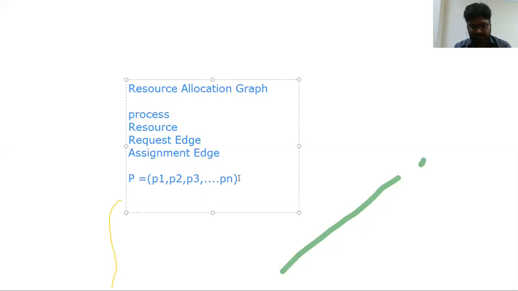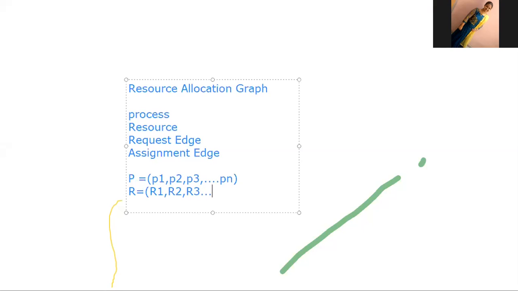So n number of processes are there in the resource allocation graph. Each and every process is represented by a number like P1, P2, P3, up to Pn. Then R is the resource. It contains a set of resources: R1, R2, R3, up to Rn we can give.